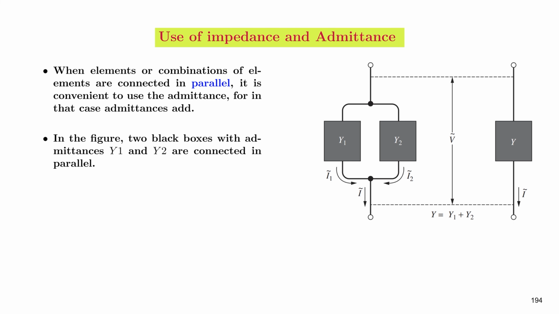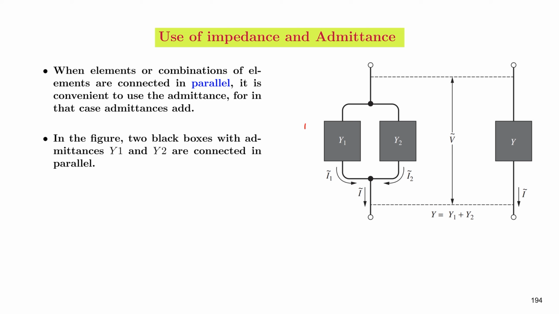We have now understood the parameters impedance and admittance. We shall now discuss the use of impedance and admittance in solving electrical circuits. They will come in handy when we want to solve electrical circuits having parallel or series components. In this figure, the two gray boxes show some electrical components that are connected in parallel.